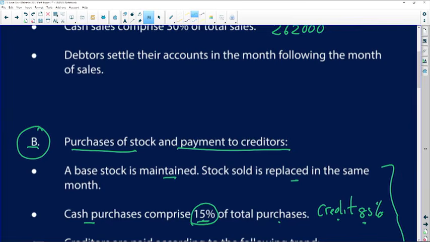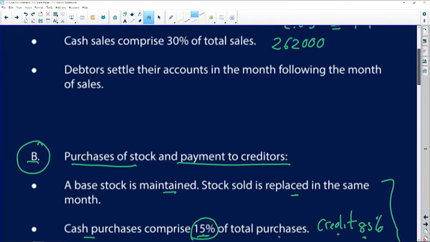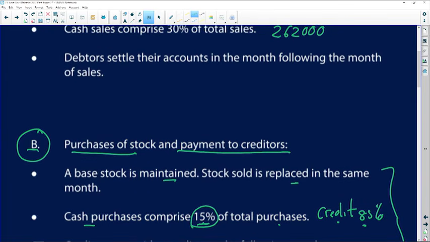Credit is 85%. So let's bring that total further down, 262,000, that's my total purchase, times 85% will give me what I bought on credit.